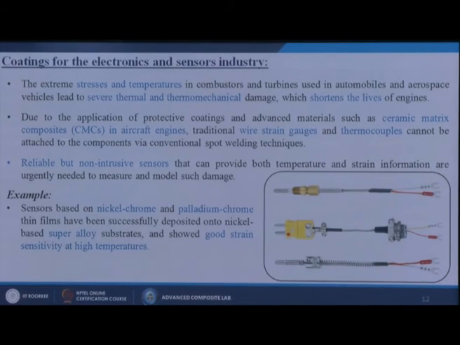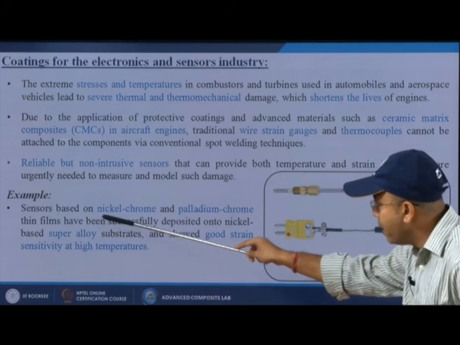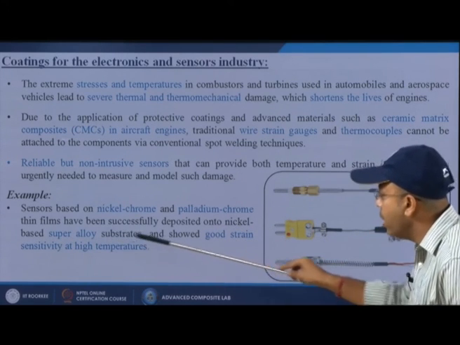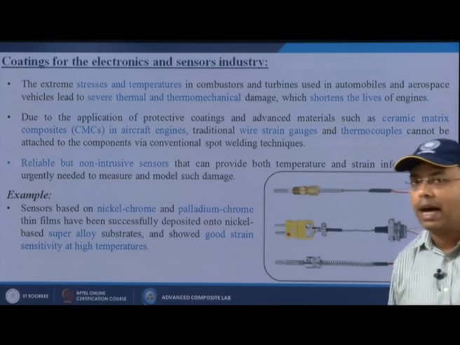Next, reliable but non-intrusive sensors that can provide both temperature and strain information are urgently needed to measure and model such damage. Here we have given certain examples of these sensors. Sensors based on nickel chrome and palladium chrome thin films have been successfully deposited onto nickel based superalloy substrate and showed a good strain sensitivity at high temperature.